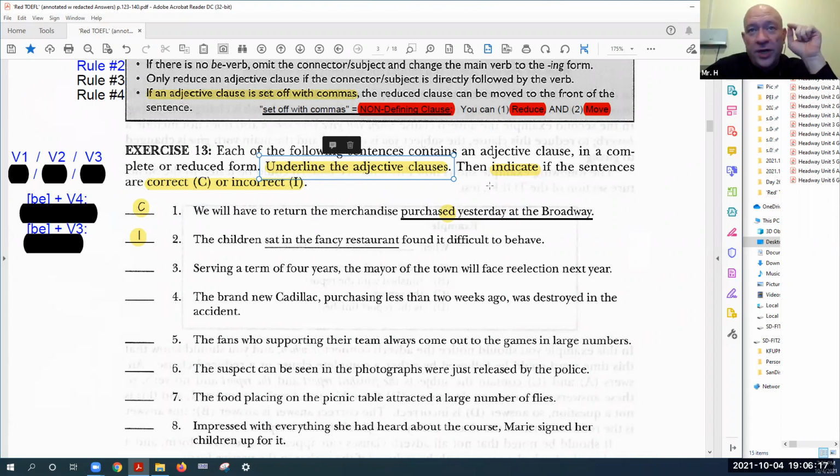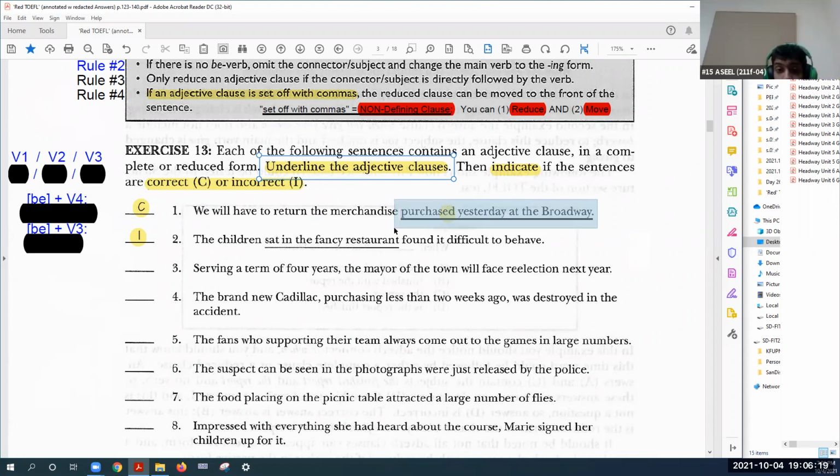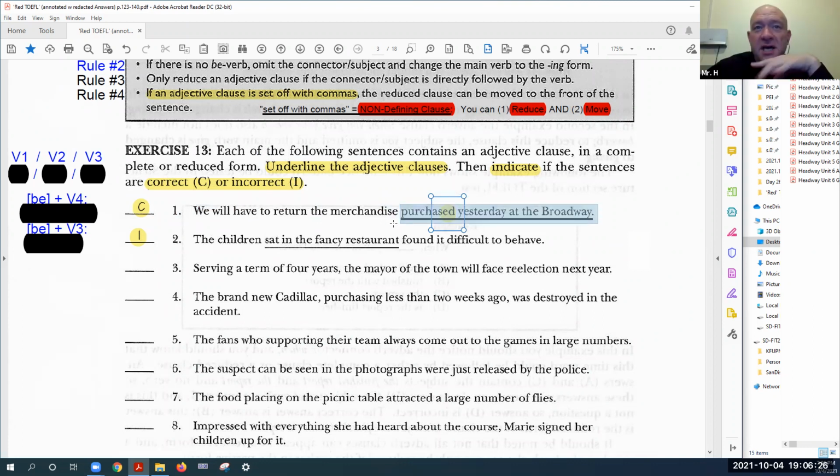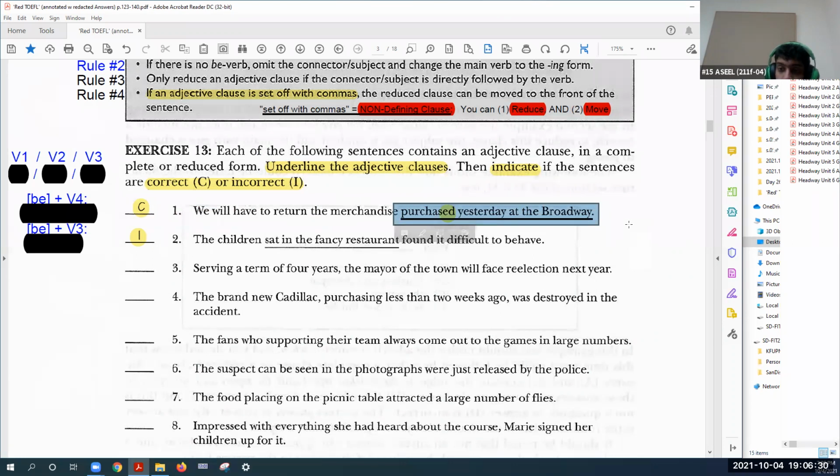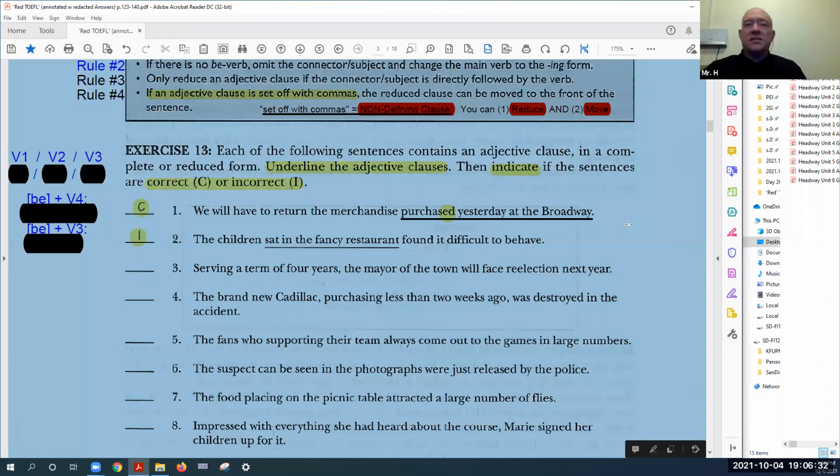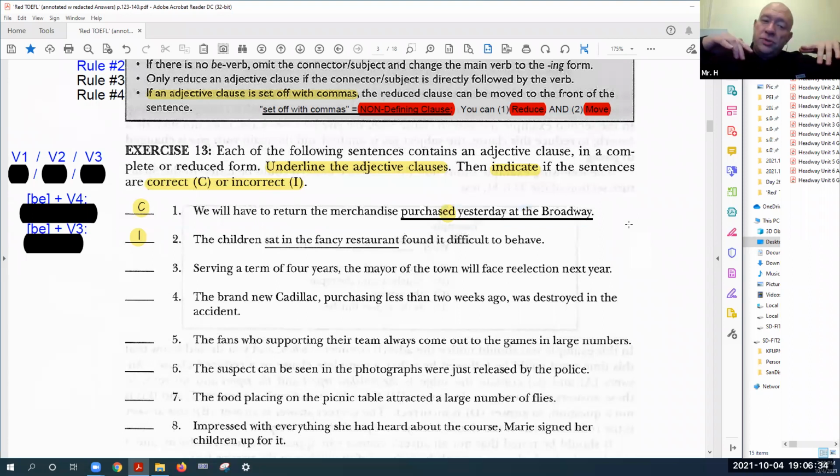So what is this here, Asil? Adjective clause. Yes. Is it a complete clause? No. How can I make this into a complete clause? Does anybody know how I can do that? I have to do the opposite.